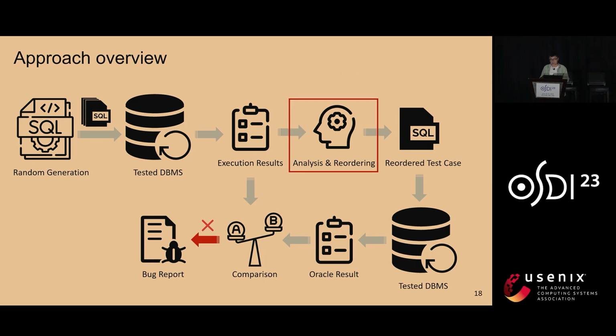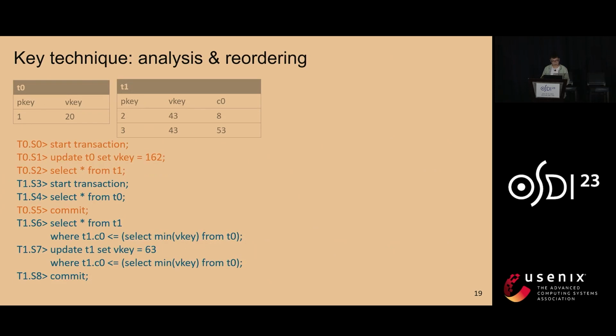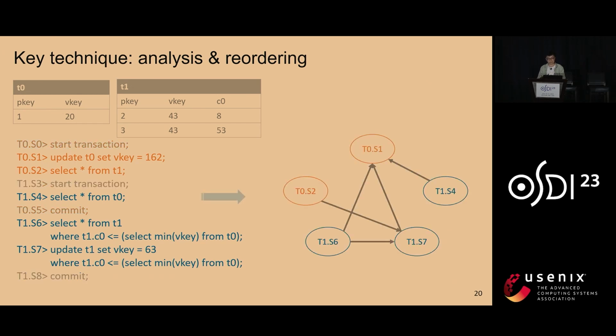The analysis and reordering process is our key technique. Let's give more detail about it. We still use this test case as an example. We first extract the statement dependency graph, which is proposed in our paper to describe whether a statement's result depends on another statement's execution.